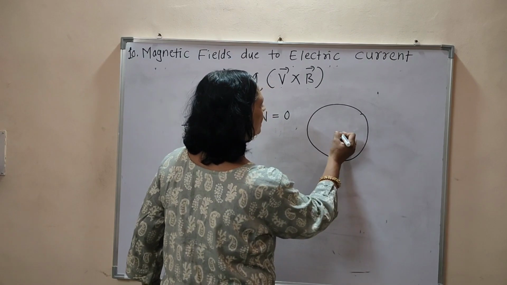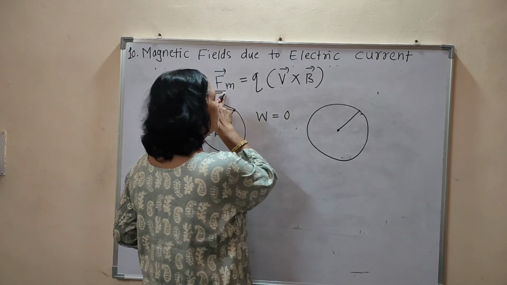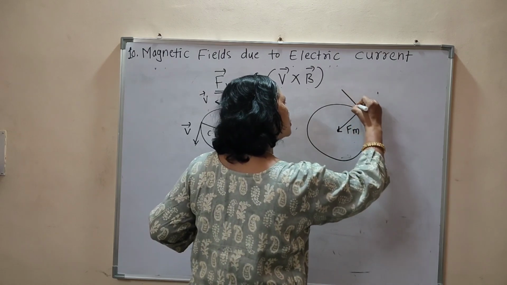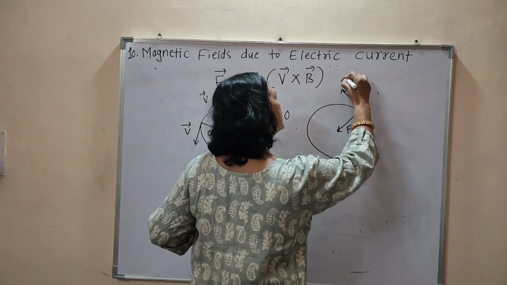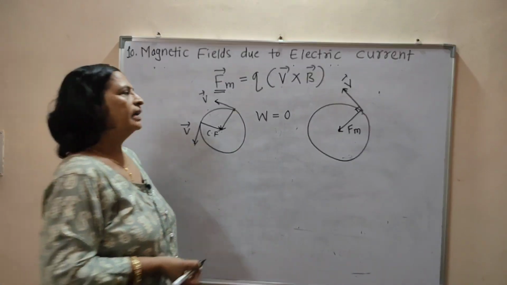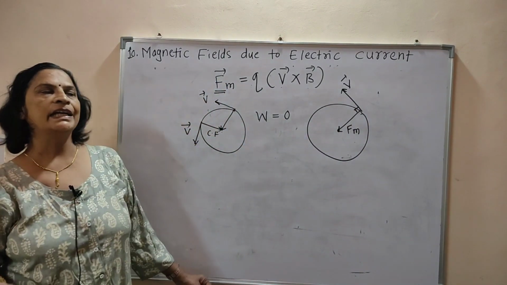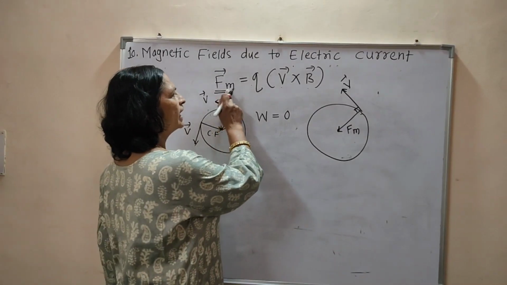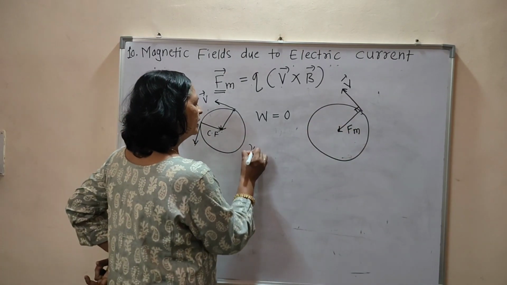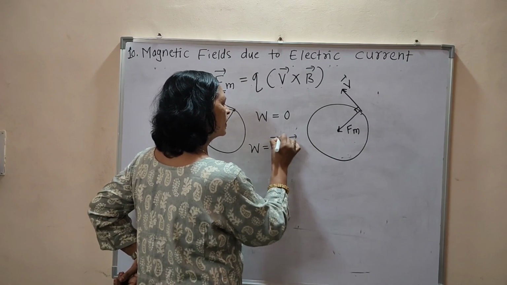In a similar manner, in a magnetic field, the direction of the magnetic force is always towards the center of the circle, and the direction of the velocity vector is tangential, so they are always perpendicular to each other. Due to that, the work done by this magnetic force is always equal to 0, because the angle between them is 90 degrees.